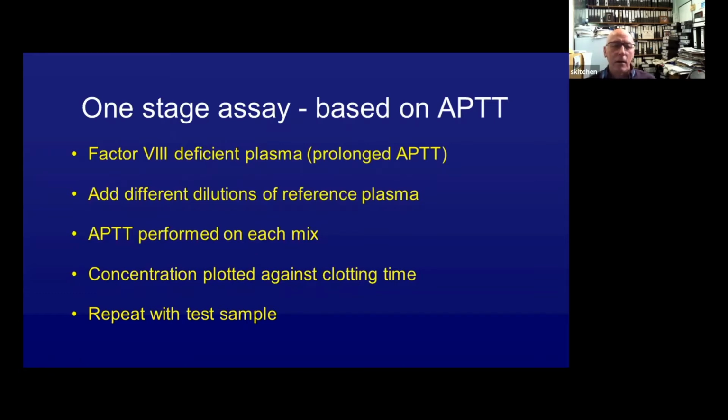And so there are a number of variables associated with the reagents, the activators, the phospholipid concentration, the phospholipid composition. So there is plenty of opportunity for different results as a consequence of different reagents. We make a calibration curve, plotting concentration against time, and we'll repeat this for the test sample. So it's quite a straightforward process.